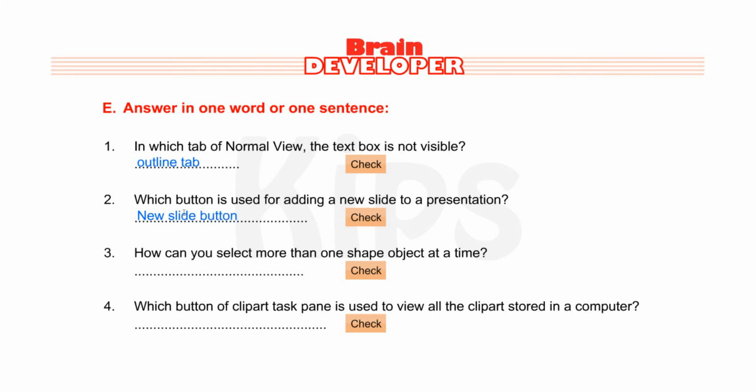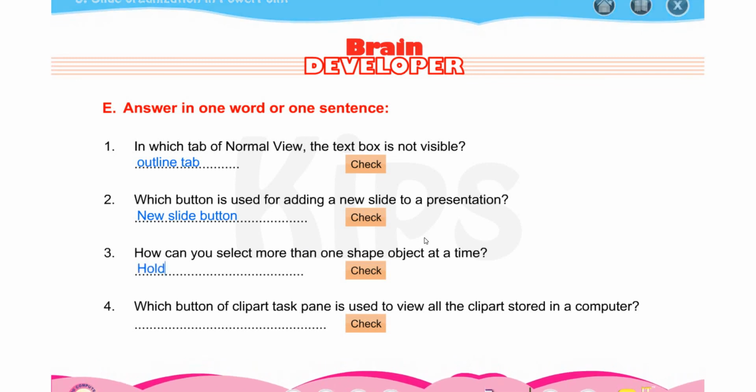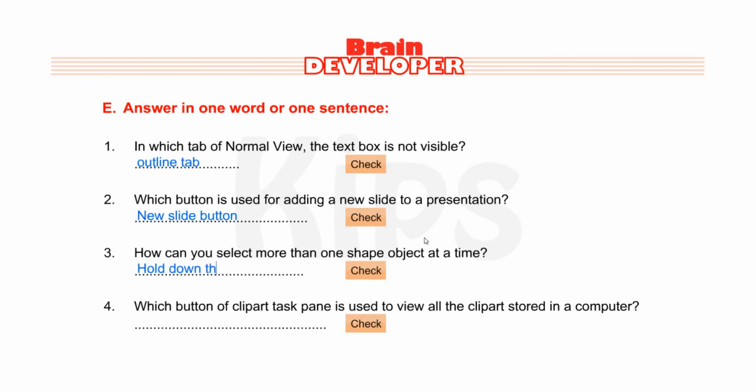Next one, how can you select more than one shape object at a time? So hold down the shift key and click on the required object.